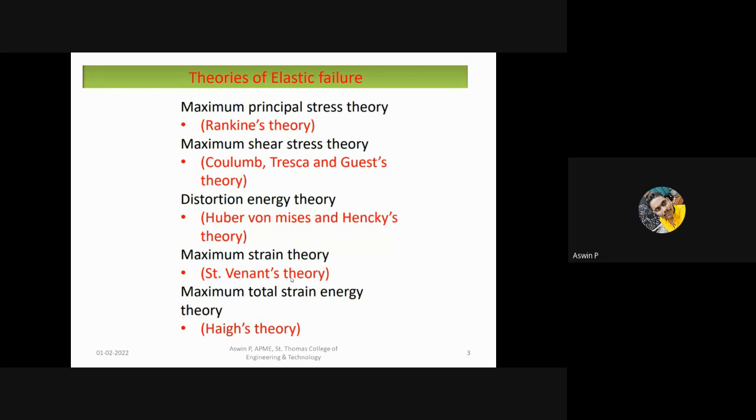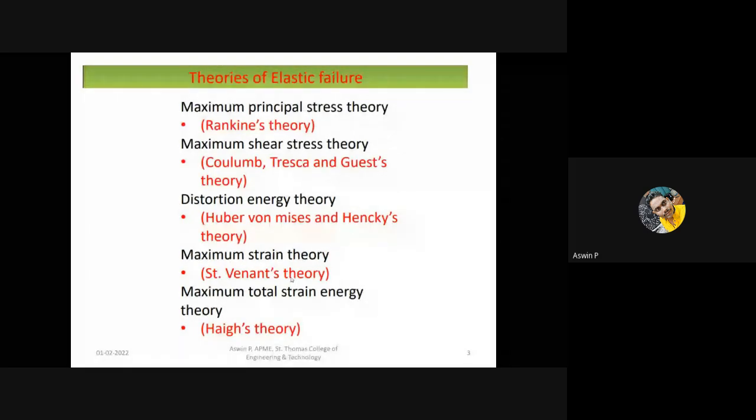So third one is maximum strain theory, in brackets Saint-Venant theory.